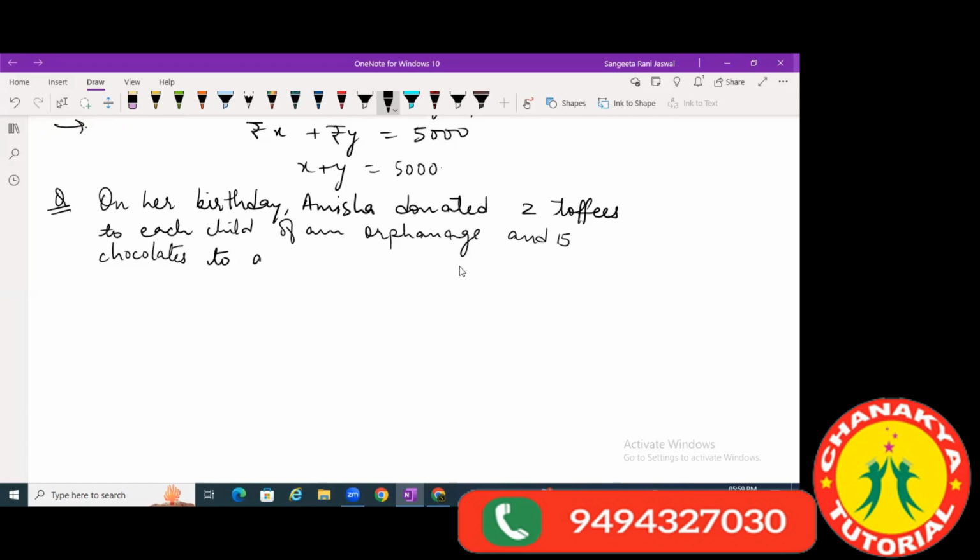And 15 chocolates to adults working there. Write a linear equation for the above situation.